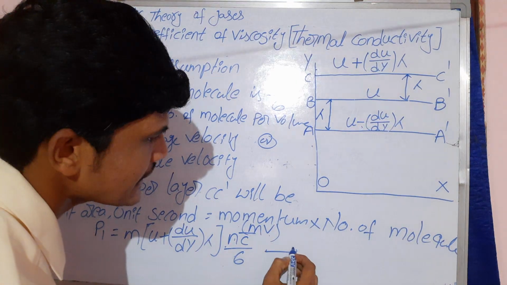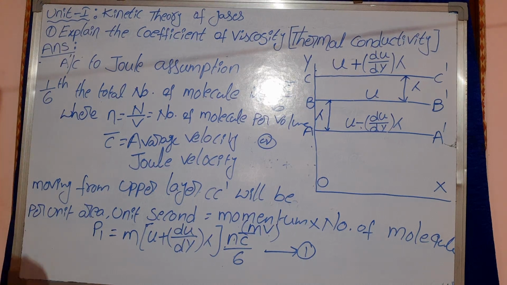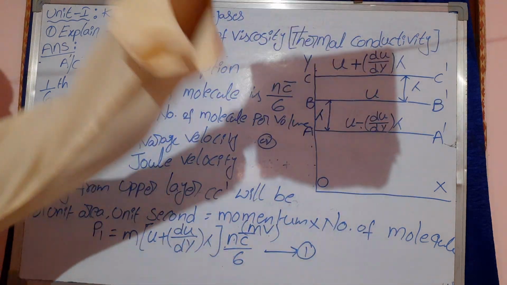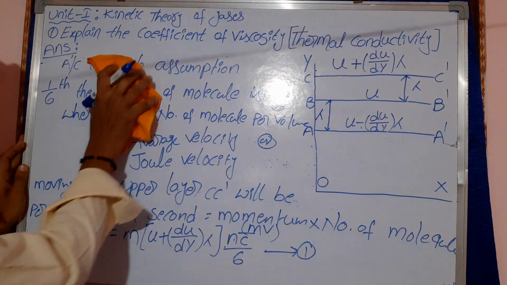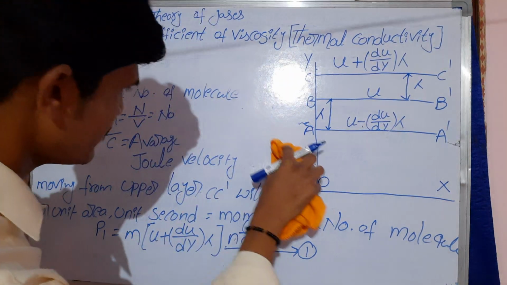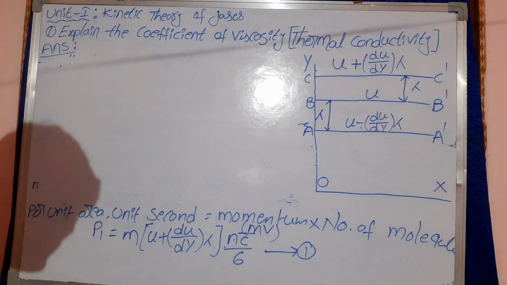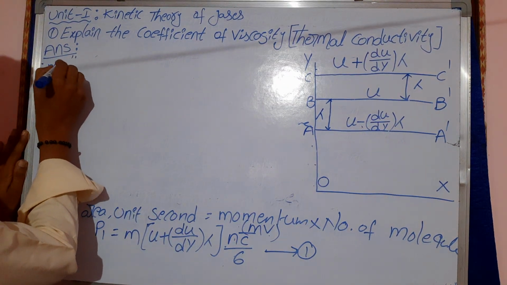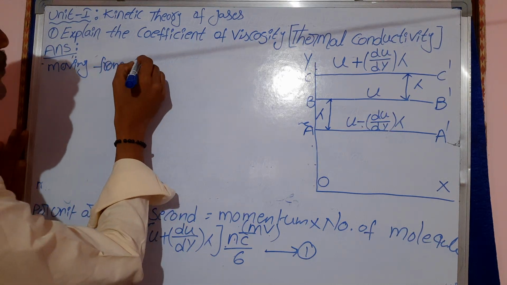This is the equation number 1, the equation of the upper layer. Next, moving from the down layer.